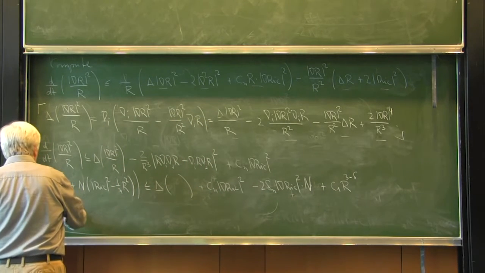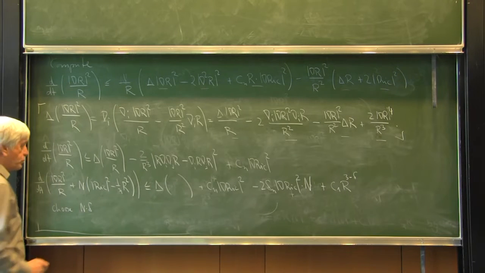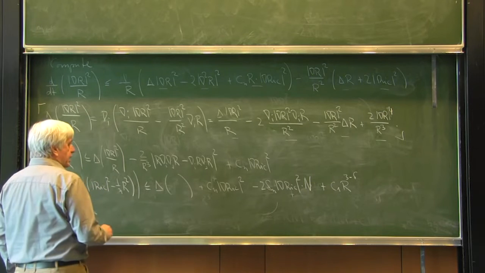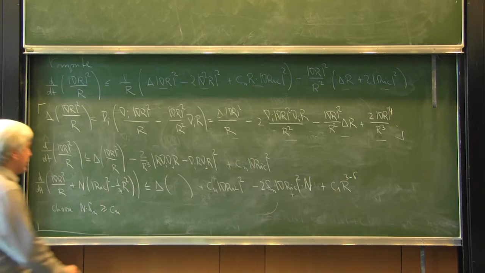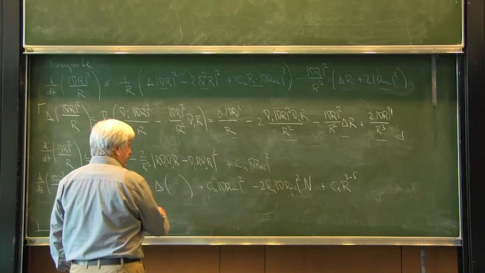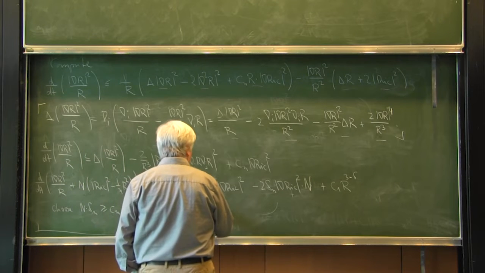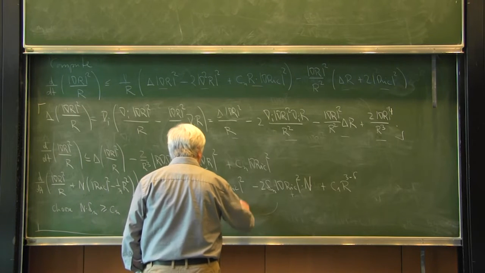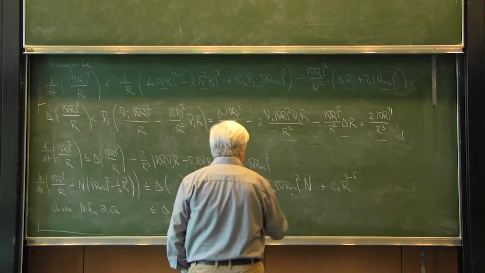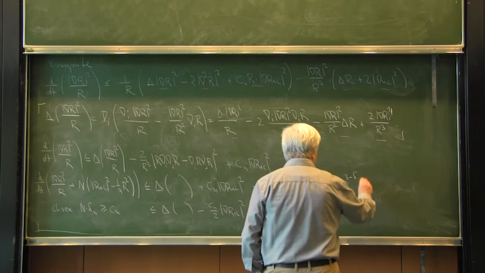So choose n times delta n to be bigger than Cn, and then you can estimate this by the Laplacian of this thing minus, and the way I did it, I even have something left over, I have a good term left over, but I have this term here, and this of course also gets a factor n.